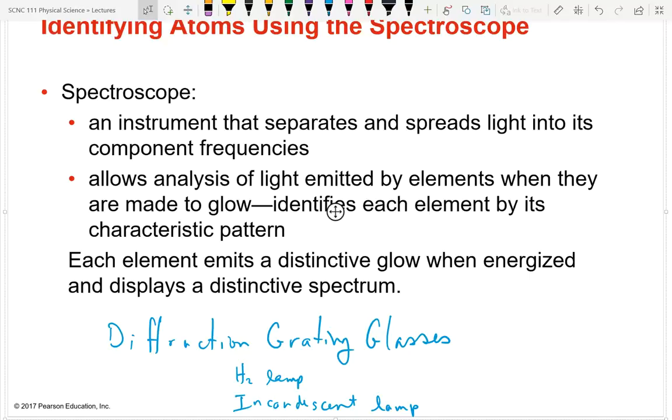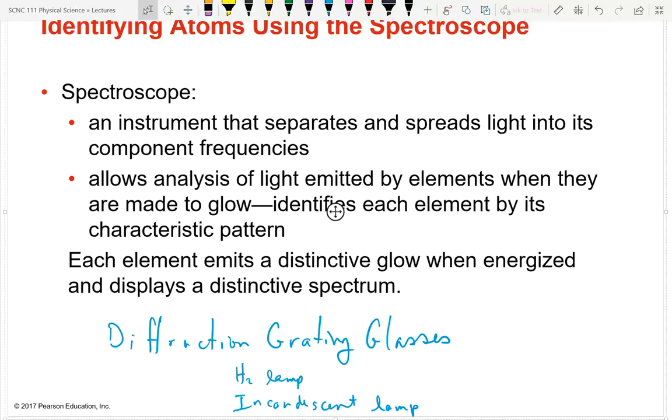I see those layers because the lights are putting out specific colors. They're not putting out one color that's white. You look at them without the glasses and it looks white. You look at the paper and it looks white. But that's actually a bunch of different colors mixed together.